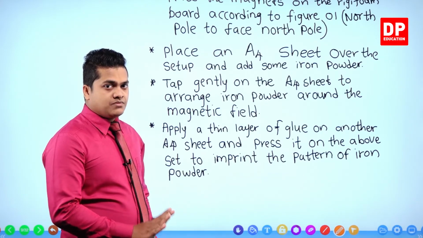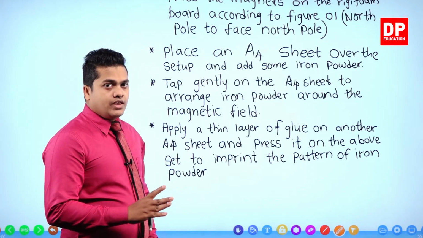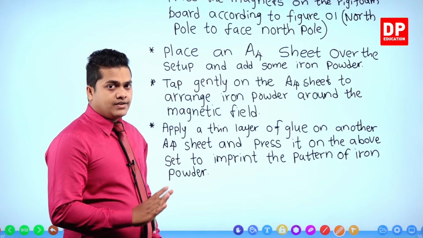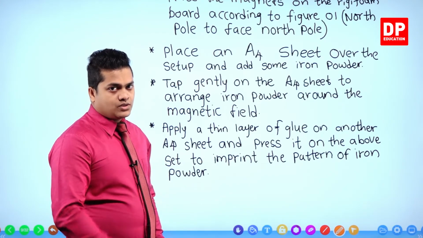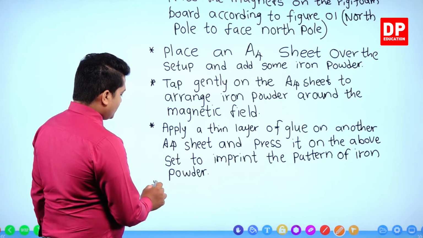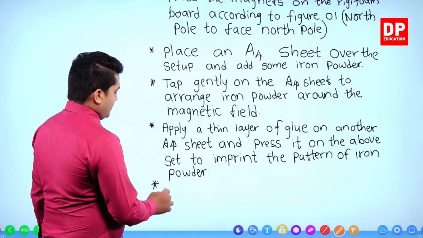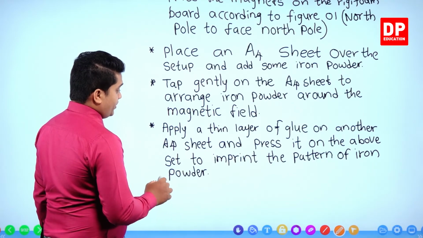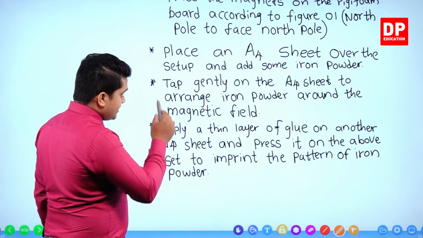We have to repeat the same steps to observe the magnetic field, to observe the iron powder pattern in the second figure as well. So I'll mention that here. In the second figure also, we have to follow the same procedure.